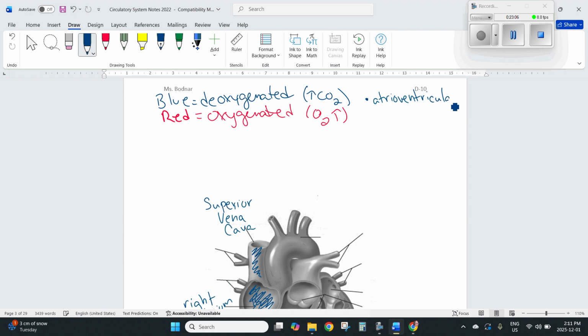Atrioventricular valve. Now, if I look at the name, there are 2 root words in that first word. Atrio is very similar to atrium, so these are valves located between the atrium and, the second part tells you, ventricular. That gives you a hint of what the next chamber is called, ventricle.